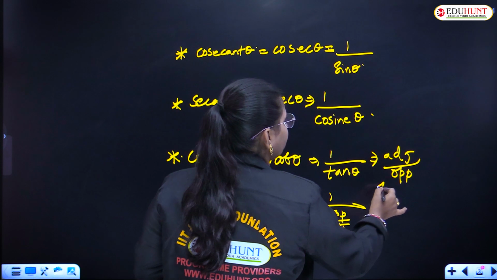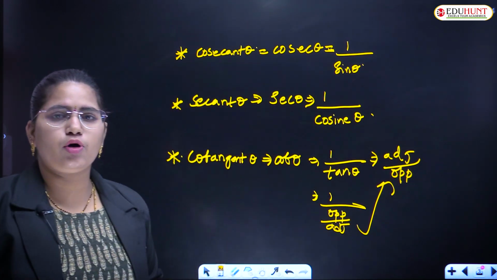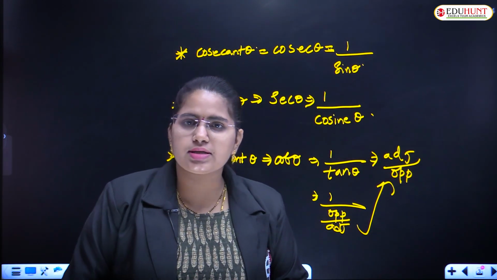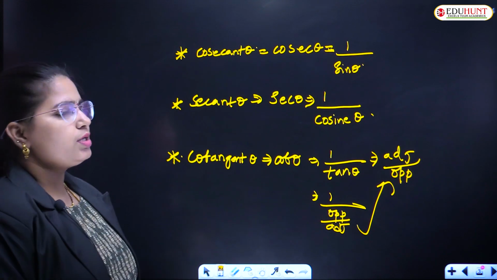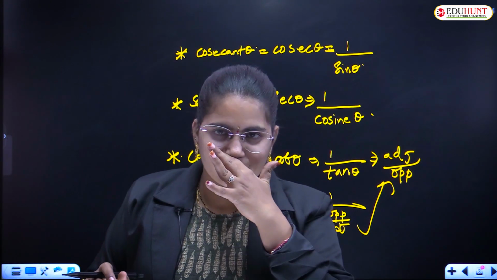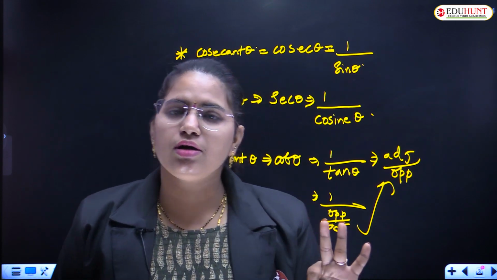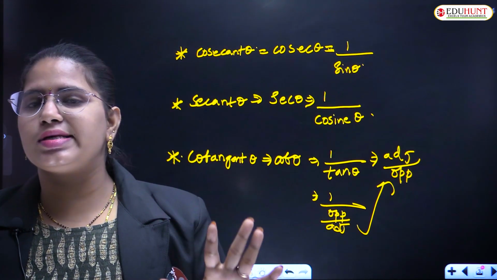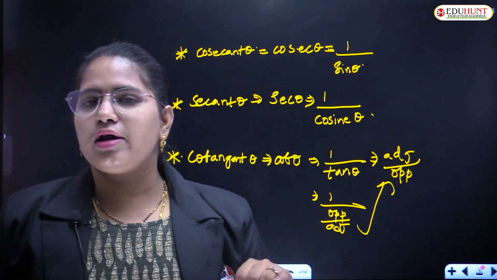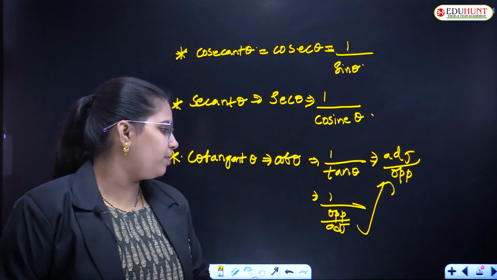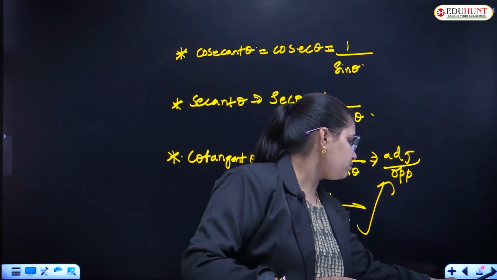So how will it become? It will become adjacent upon opposite. I am clear with this, guys. Very good. So what are the 6 trigonometric ratios we have? Sine, cosine, tangent, secant, cosecant and cotangent. These are the 6 trigonometric ratios we have.